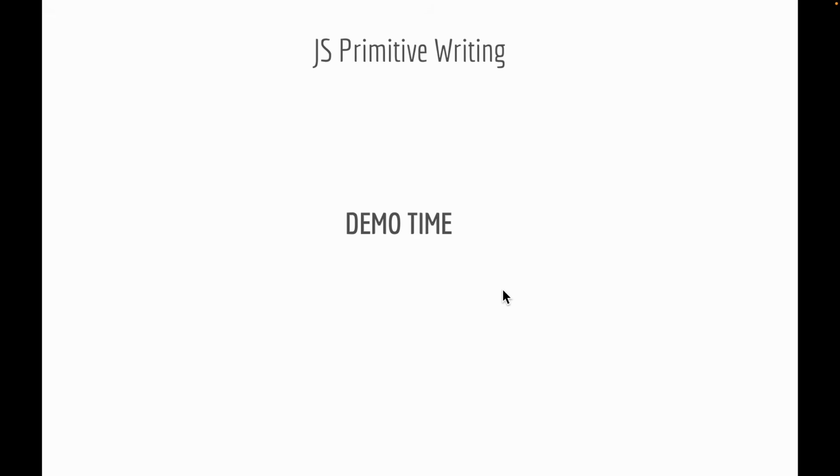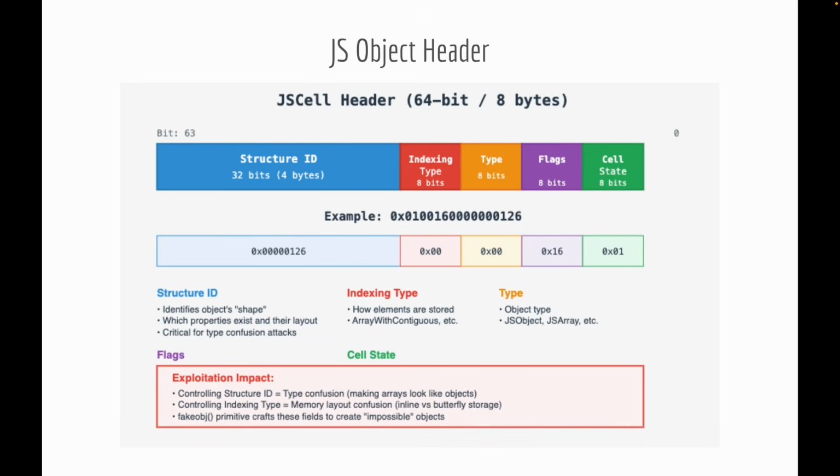Recapping after the demo, we have seen that our JavaScript objects have a JSCell header, which is 64 bits, 8 bytes, that contains the structure ID. You see from the least significant bit, and then it contains some flags that would basically help to recognize the structure. And that's how we have crafted the example in memory.